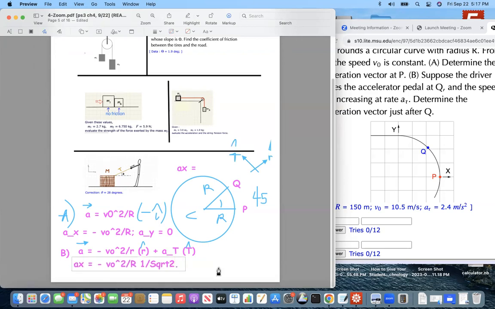But now there's another part here, which has to do with a sub t. Now t hat has an x component, which is in the minus x direction. So it'll actually be minus a sub t over the square root of 2. And that goes in this box.